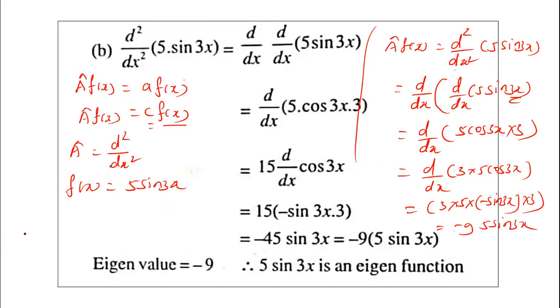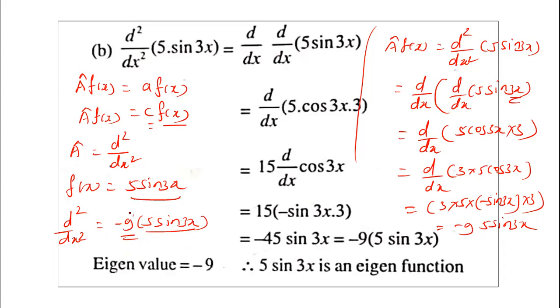So it means that d square upon dx square of 5 sine 3x is equal to minus 9 into 5 sine 3x. You can see our function is 5 sine 3x, and this is a constant. We are getting the same function here, and the constant is minus 9.